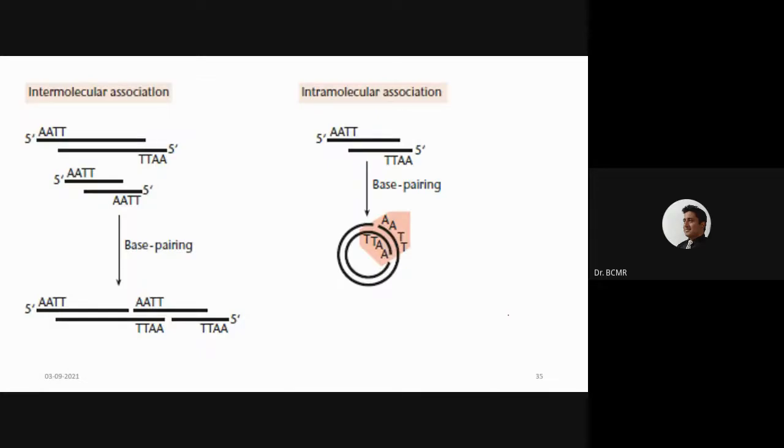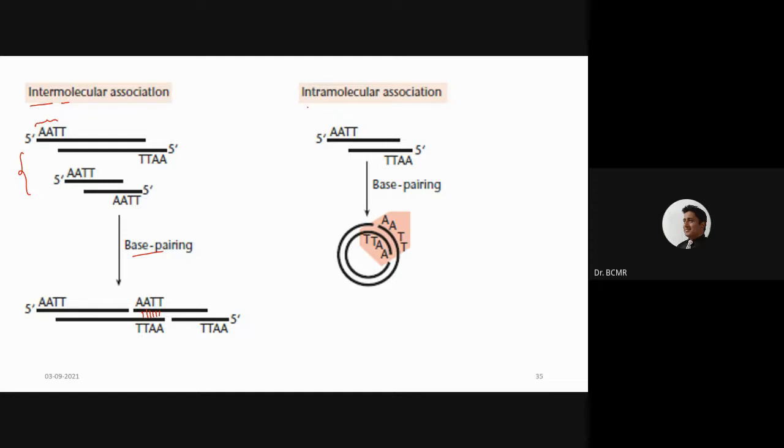If we take a DNA molecule cut with a restriction endonuclease, say generating 5' overhangs, and you allow the different molecules to mix, then base pairing will occur through hydrogen bonds between them. Then you have a recombinant DNA molecule, and the association is intermolecular, meaning these two different DNA molecules have bound together through base pairing.